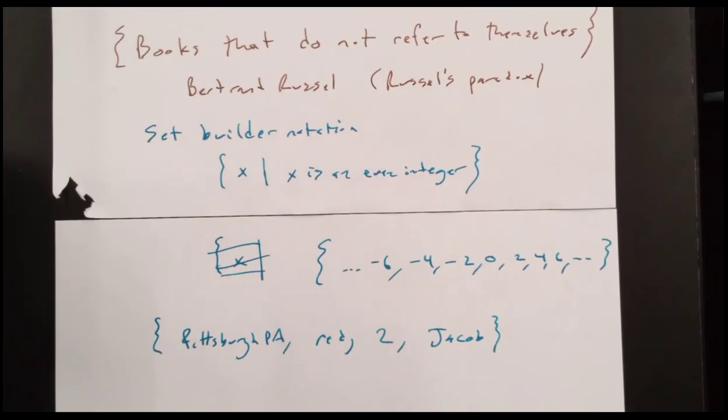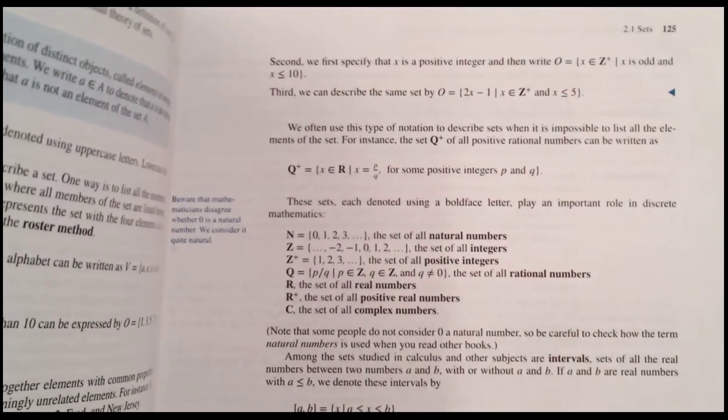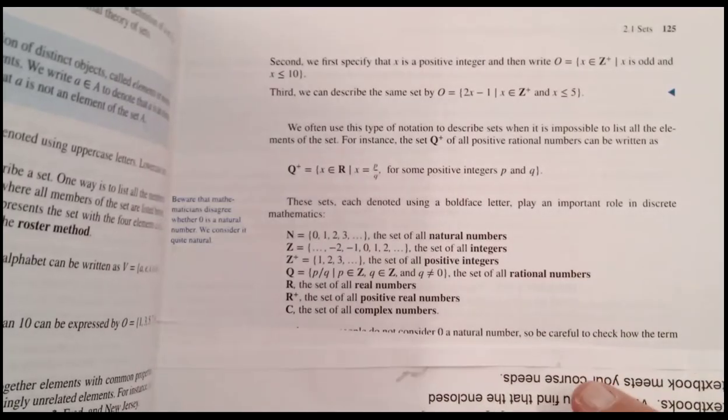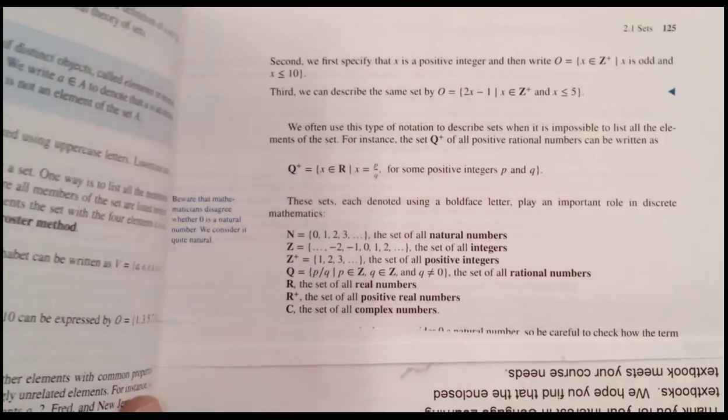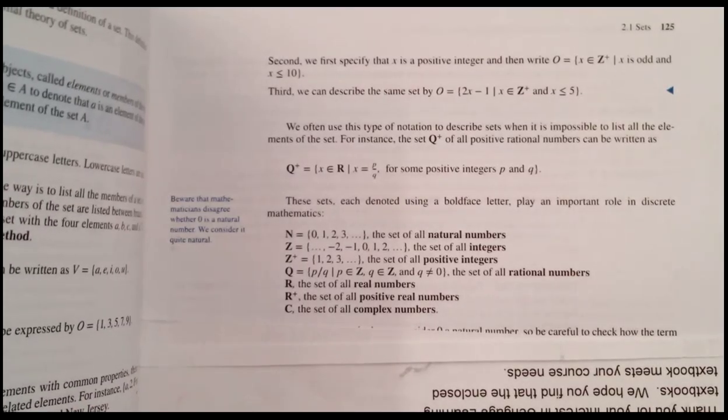I'm a math guy. The sets I use the most often are sets of numbers. Page 125. The most commonly used sets in mathematics are sets of numbers. And I'm going to start with an argument.